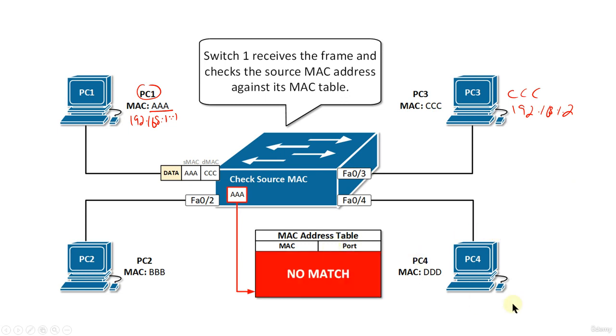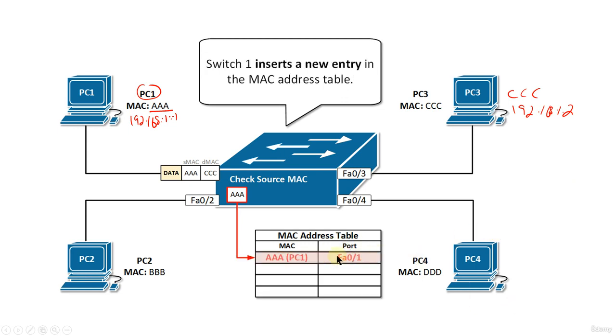No match found. Then it is going to add this one, because the switch always populates the CAM address table using the source MAC address. You can see this was the source. Now it has a clear understanding: on FastEthernet 0/1, the AAA MAC address is populated in its CAM table.